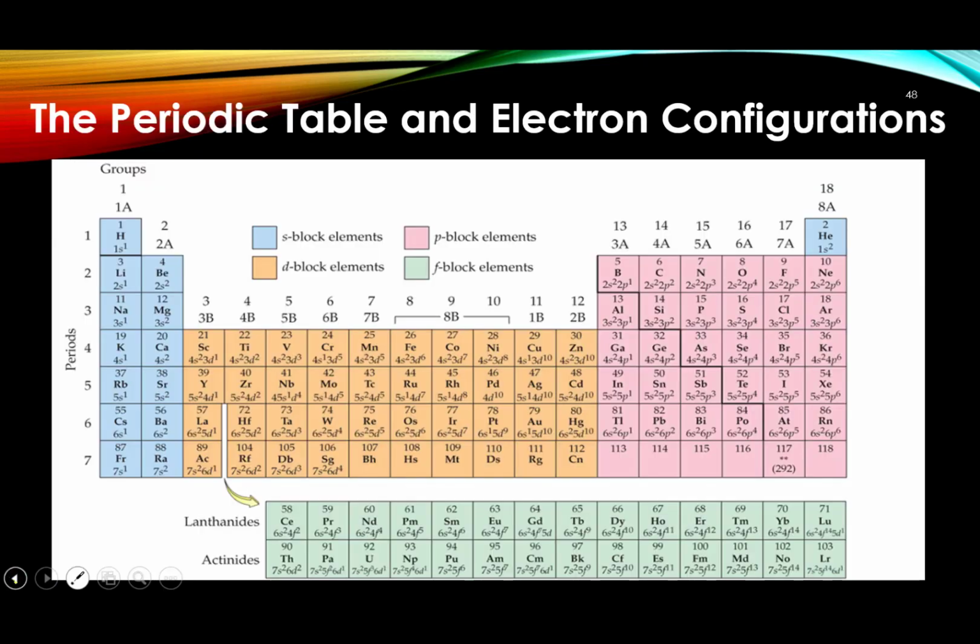Then for sodium, what is the noble gas or inert gas before it? It's neon. For chlorine it's also neon. For bromine it's argon. We always look at the noble gas or inert gas that's coming before.